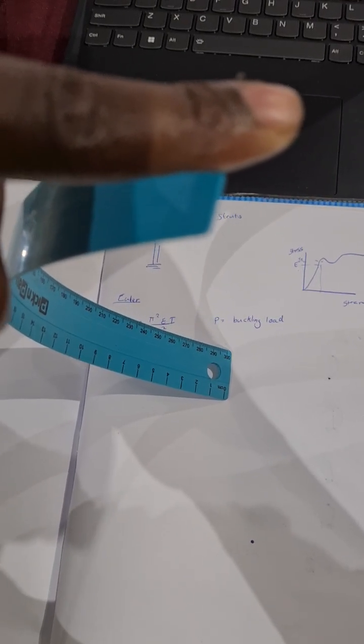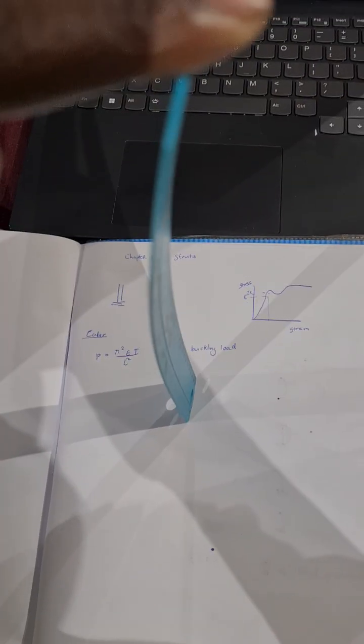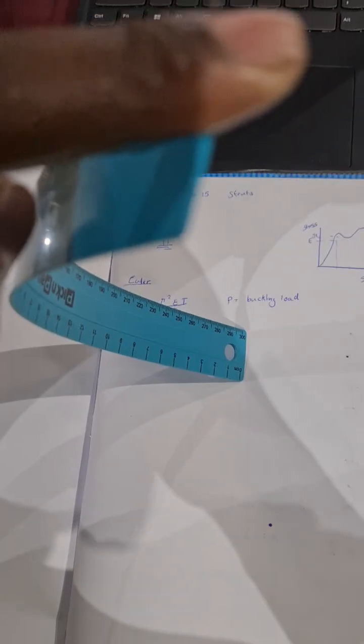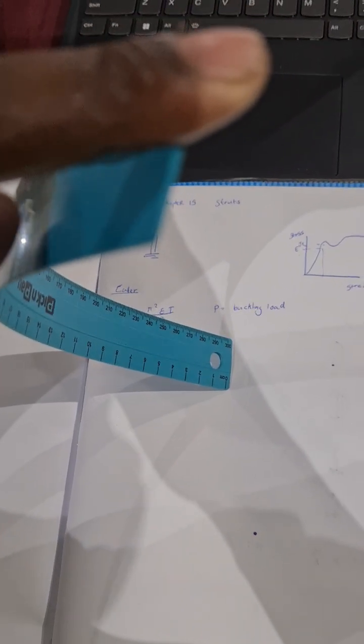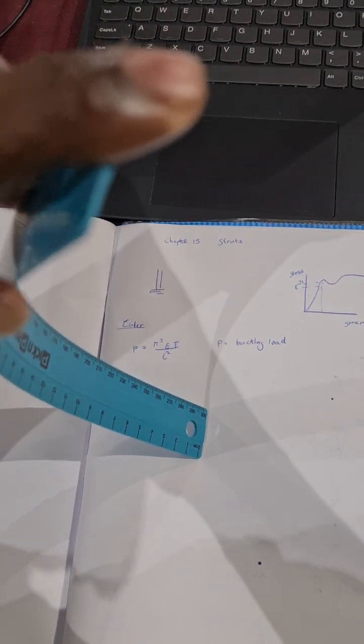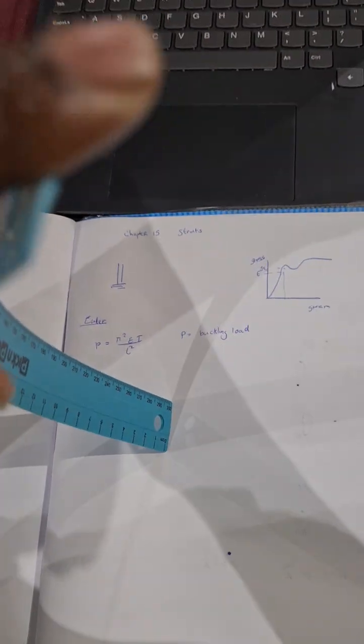So P is a danger. When you are designing, you don't want P. You need a force that is less than P. So the factor of safety is already included, because P is a failure. I don't know how to explain it, but you're going to understand it by doing the problems.